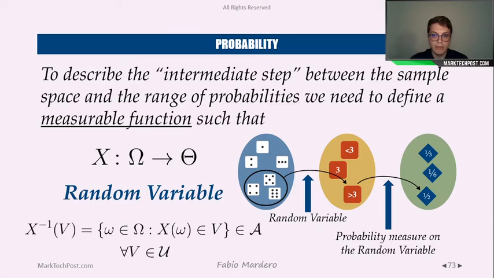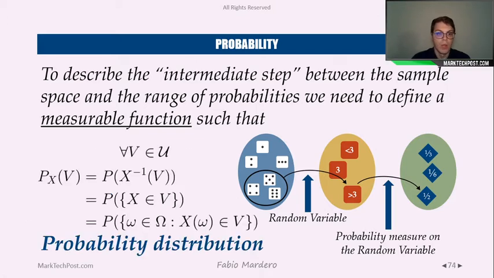This is a random variable. And the random variable, since it's a measurable function, inherits this property. Since it is a measurable function in a measure space, we can compute the measure onto the random variable.